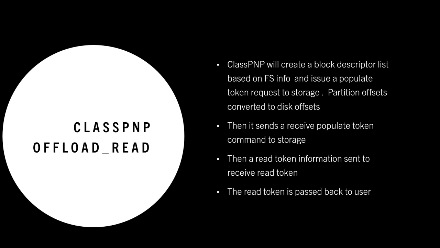Then ClassPnP, between the file system and the class driver, will create a block descriptor list based on the file system info on the location of the data being transferred, and partition offsets are converted to disk offsets. Then it sends a receive populate token to the storage. The read token information is sent back to the application, so it can be used in the offload write.